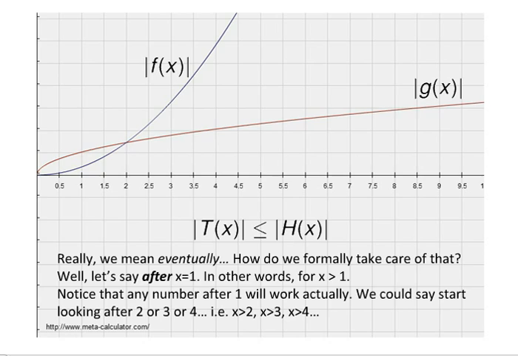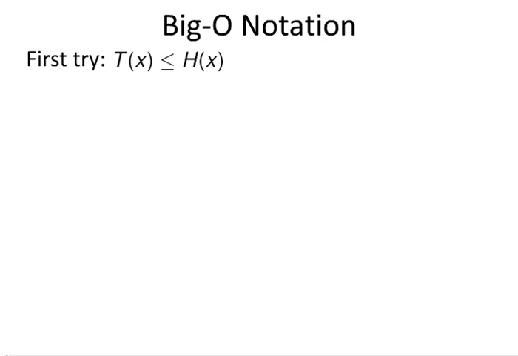So let's do a little recap. Big O notation. Our first try was, let's let the hare function be greater than the tortoise function. That failed, okay? It doesn't work, because if you're pointing in opposite directions, you might end up calling your slow-moving function your hare function, and your tortoise function might grow a lot quicker. So that was a bomb.